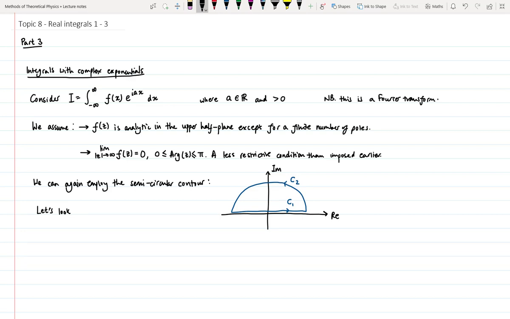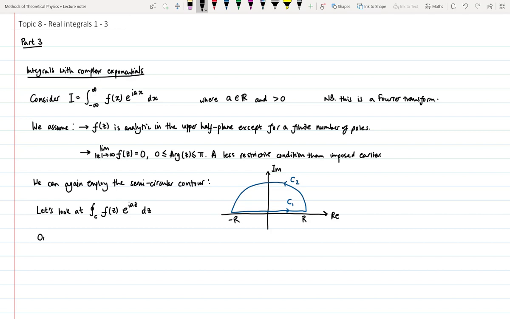Let's look at our contour integral, the integral along this semicircular contour C of f of z e to the i a z dz. I should also label minus r and r on the real axis.